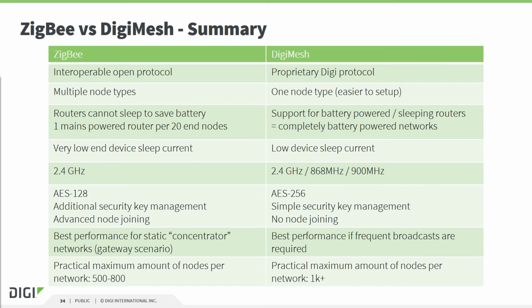DigiMesh is a proprietary protocol developed by Digi. It is supported on sub-gigahertz in addition to the 2.4 GHz band, and it works well in networks that require frequent broadcast. The maximum amount of nodes per network is around 1000, but recall that the maximum amount of nodes in an RF network depends on the traffic generated by the application.